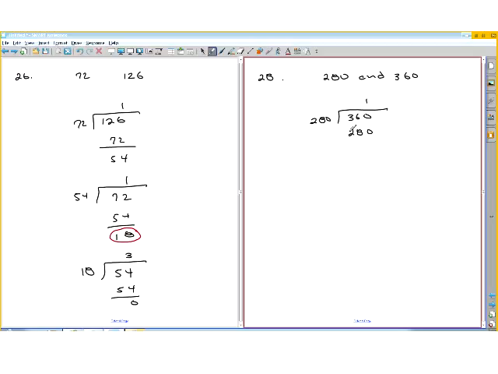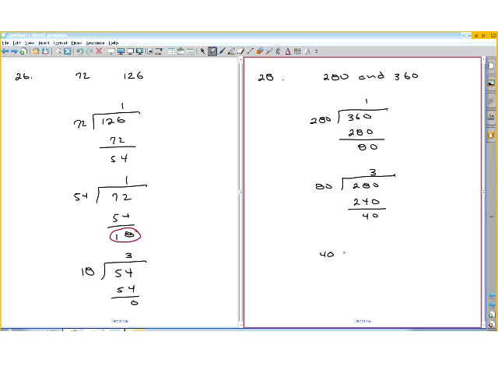It goes in one time, write down 280. You get 80. You bring that to here, 80 is divided into 280, and we get how many times? 3. So we get 240. Subtract that, you get 40.